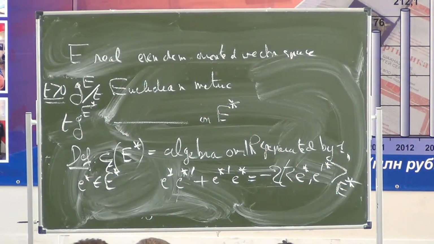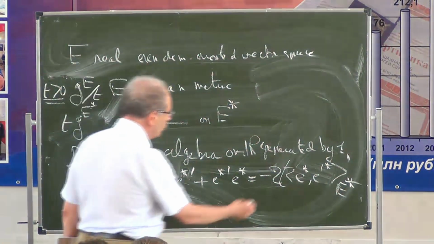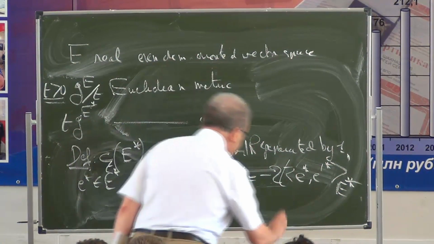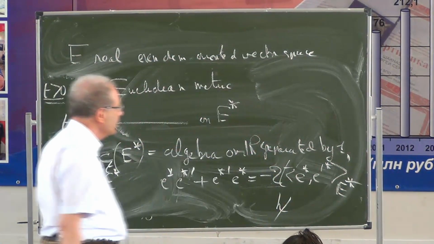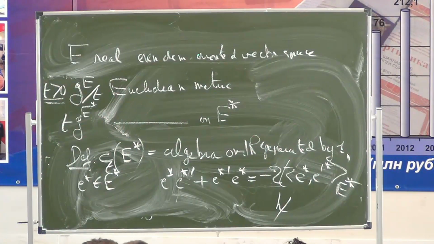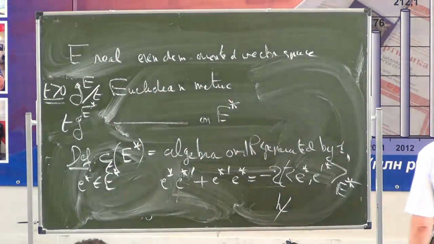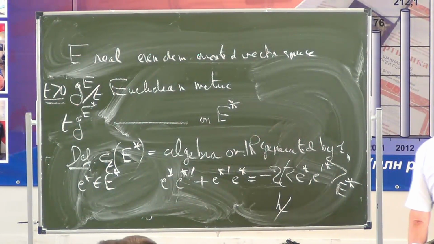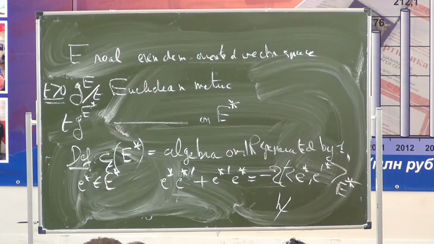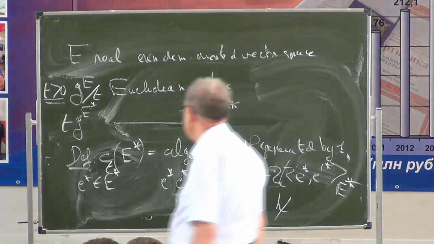In the physics literature, this T is often thought of as the Planck constant. The physicists always think of this T as a very small parameter, but we don't care about this. The important point is that, again, for T equals 0, the Clifford algebra C_0 of E* is exactly the exterior algebra. But there is more to this.